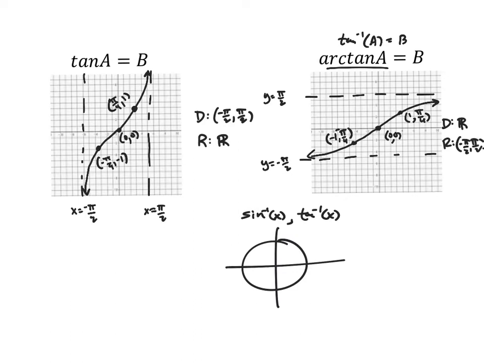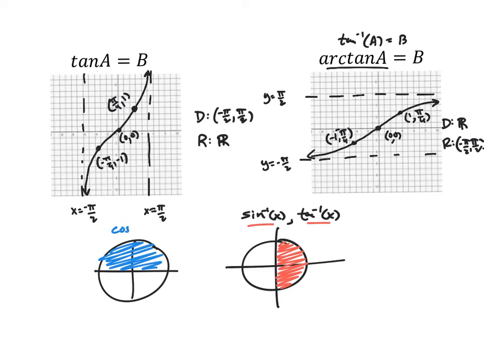But what we'll notice about inverse sine and inverse tangent is that both have a range that lands in quadrants 1 and 4, whereas inverse cosine, and this is just a visual that you can work with when you think of where your answers would come from, right? So if I said, find the inverse cosine of square root of 3 over 2, the cosine is positive in two places, here and here.